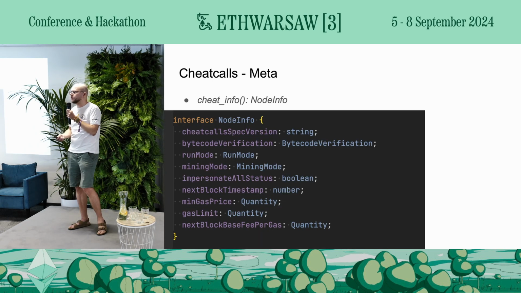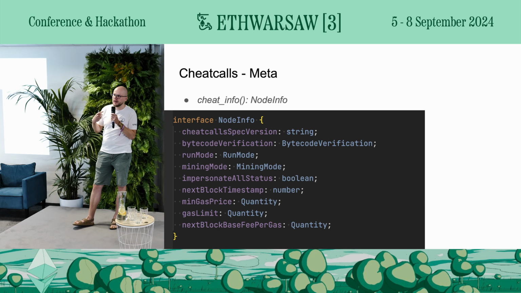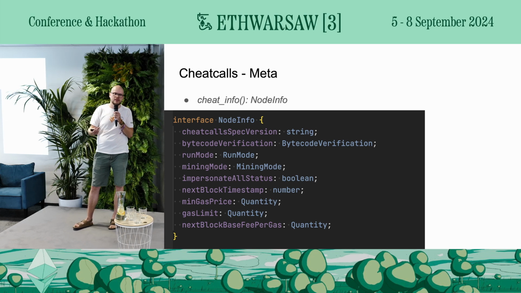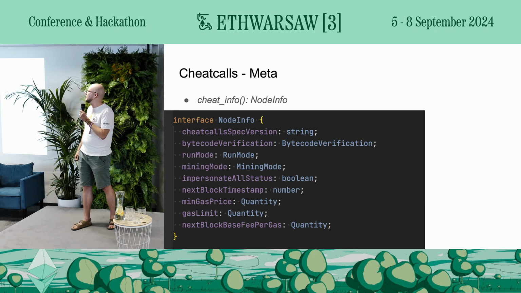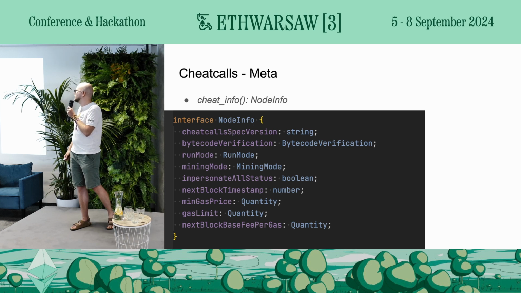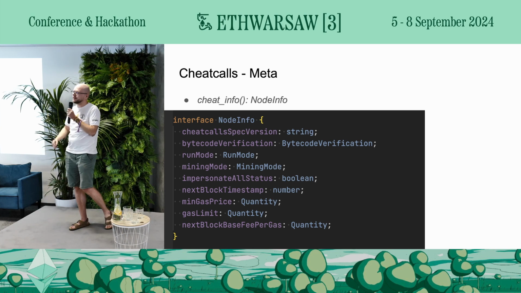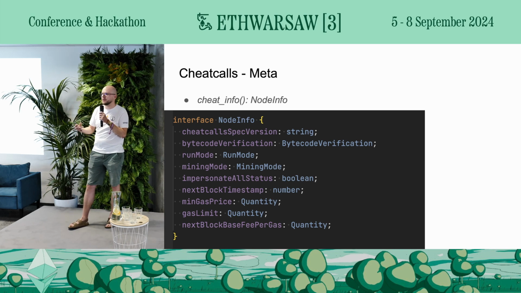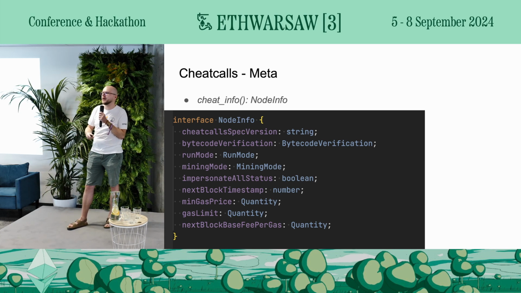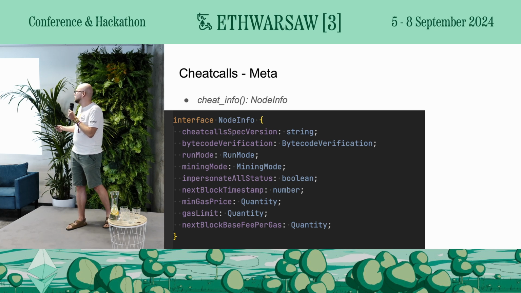And then with cheat codes, you should be able to do introspection on the state of the node. So we have this meta cheat code called cheat info, which returns basically the state of the other cheat codes: are you impersonating all accounts, or did you set the next block timestamp, all of that. But also, what's interesting, it returns the version of the spec that the node follows. This might be useful to realize what's available and what's not. It also returns bytecode verification info.